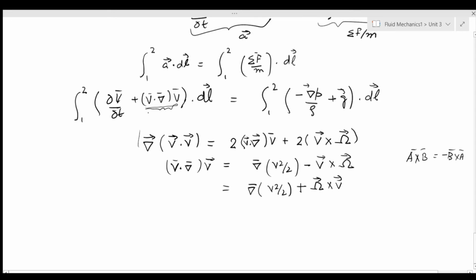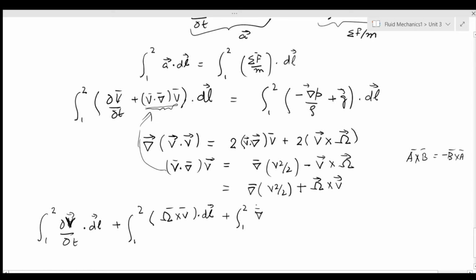So let me put all of these things in my equation: integral 1 to 2 of del V by del T dot dl, plus integral 1 to 2 of omega cross V, again these are vectors, dot dl, plus integral 1 to 2 of del V square by 2 dot dl.